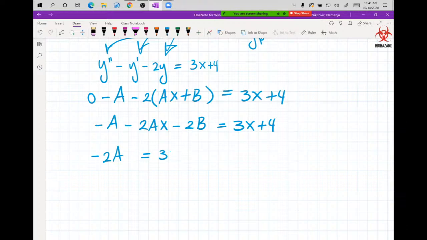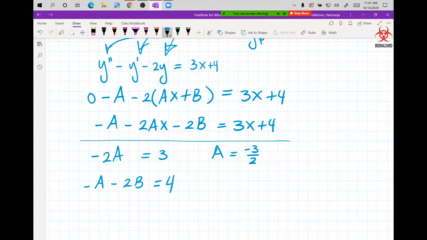So a is negative 3/2. I have my negative a minus 2b equals to 4, because these are the ones that have no x, and that needs to be compared to the one with no x on the other side. So minus a minus 2b equals 4.